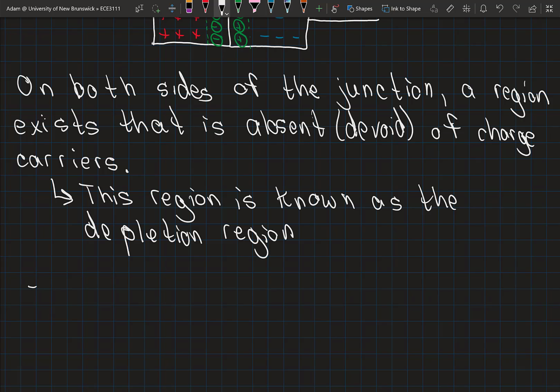This uncovering of charge that occurs here results in a voltage being set up across the depletion region.